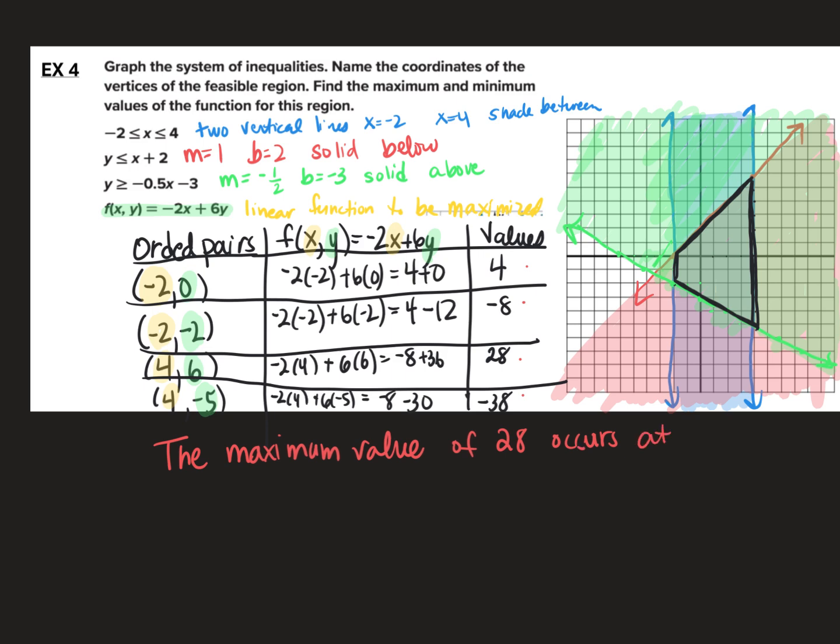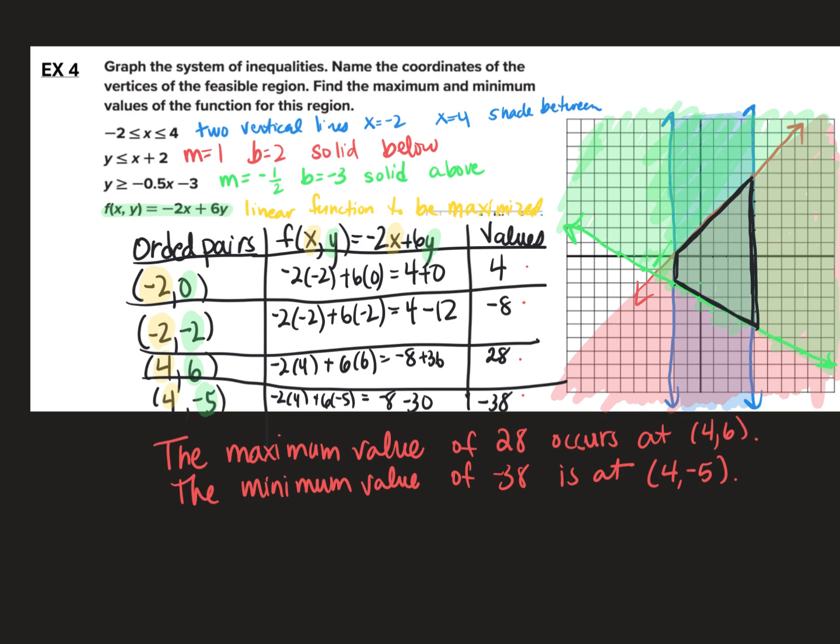Occurs at 4, 6. The minimum value, so the smallest number over there, of negative 38 is at 4, negative 5. Okay, so that's how you do an optimization problem.